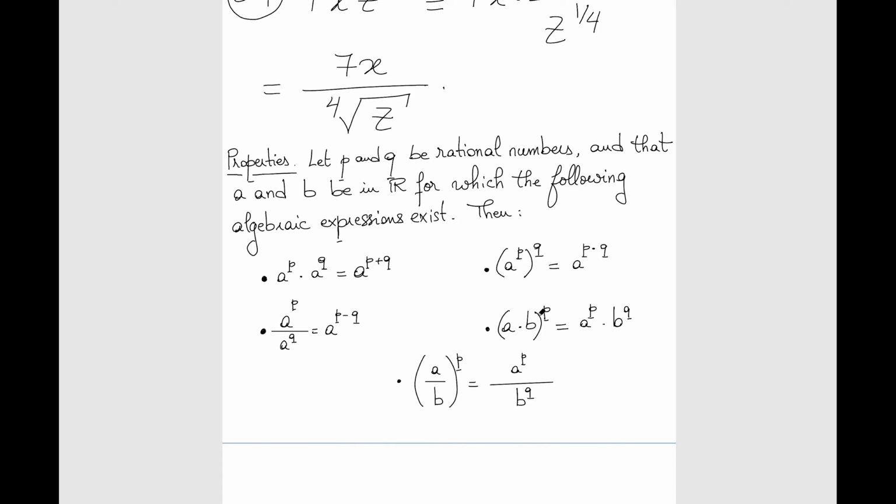And the fourth property is about taking the pth power of a product. This is the same as taking the product of the pth powers of the corresponding entities. And the last one is taking the pth power of a quotient, and this is the same as the quotient of the pth powers of the corresponding entities.